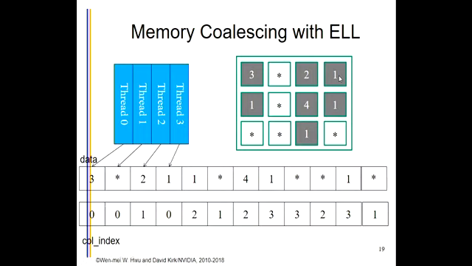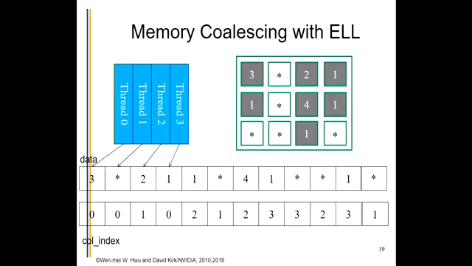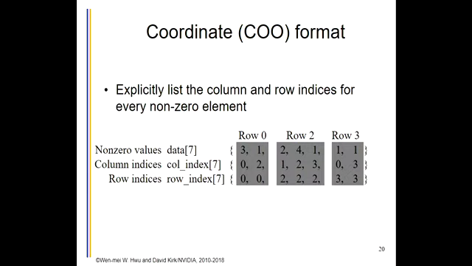Each of their original rows is now each of their original columns, and then you move to the next one, right? So you will access 3 star 2 1 in the first iteration by all 4 threads, and then they move to 1 star 4 1, and then star star 1 star. Okay, and when you pad here, you pad a 0, right? It's the easiest solution.